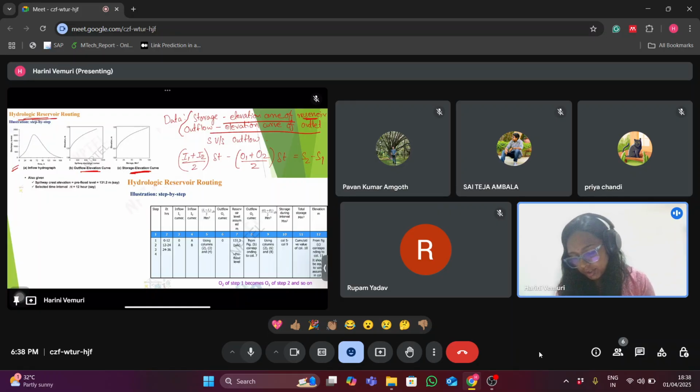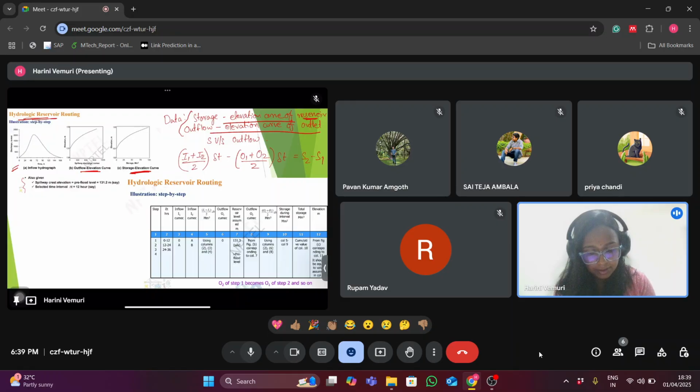calculation. Here we are assuming that the pre-flood level, before this inflow hydrograph has occurred, the water level in the reservoir is 131.2 meters, and we are taking the time step delta t as 12 hours. So step by step, we have inflow hydrographs, so at each time step we know the inflow values.